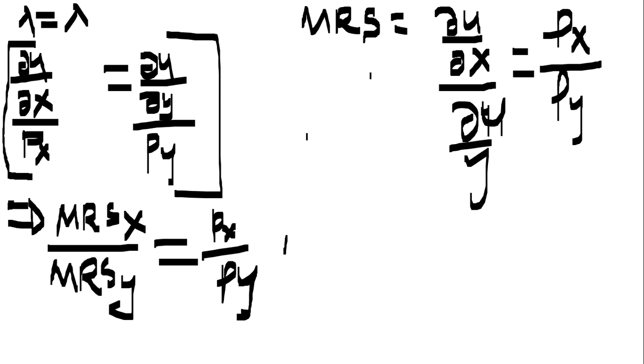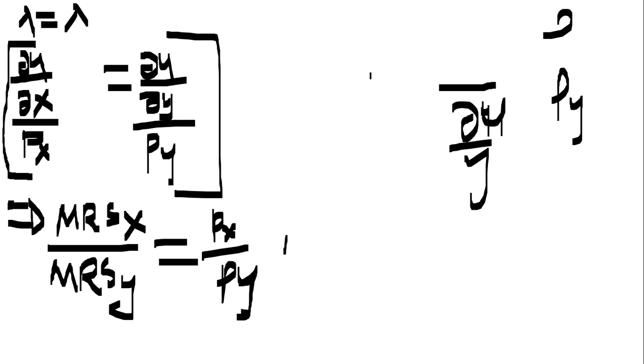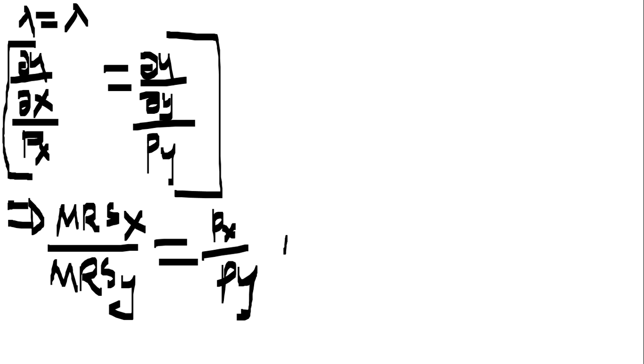And now we know that the marginal rate of substitution with respect to good x is just the rate at which utility will change due to a change in x. In short, if I consume an extra unit of good x, how is this going to affect the satisfaction that I'm getting from consuming this particular good?